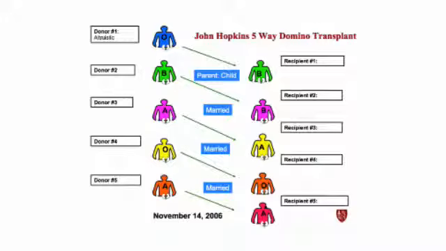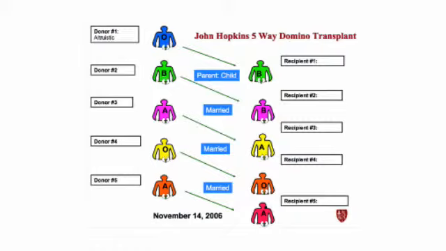Another variation of this is something that Johns Hopkins has done, where they take a non-directed altruistic donor. All the donors are altruistic, right? But we call this donor non-directed altruistic because they're not getting any benefit, and no partner or friend is getting transplanted because they're donating. They're purely donating to the list.